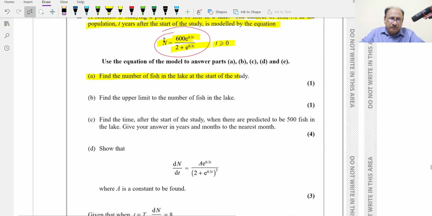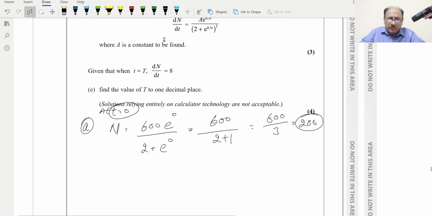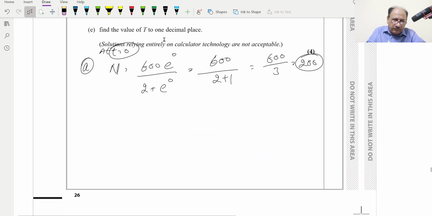Now part b is saying find the upper limit to the number of fish in the lake. So the upper limit will be when t tends to infinity.